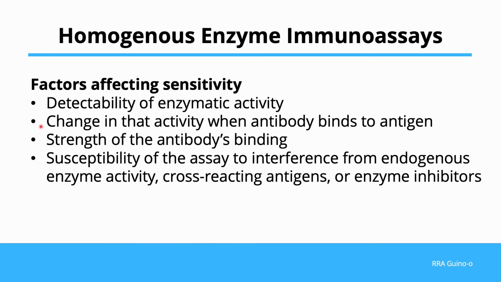So ideally, the antigen with the enzyme label should be totally inhibited when it's bound to the antibody. Next is the strength of the antibody's binding towards the antigen, and the susceptibility of the assay to interference from endogenous enzyme activity, cross-reacting antigens, and any enzyme inhibitors that may be present in the patient sample.